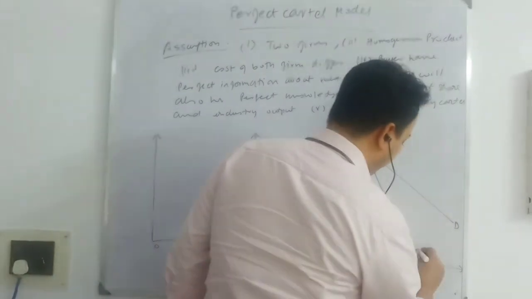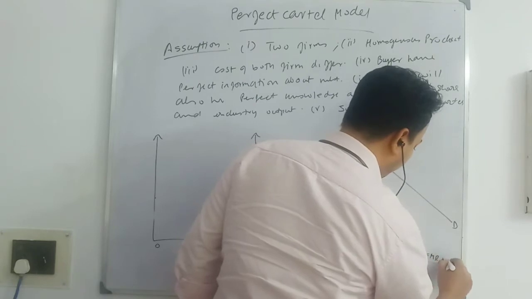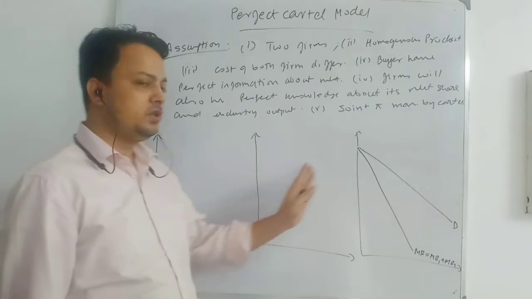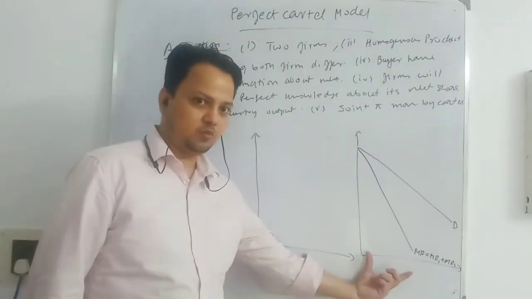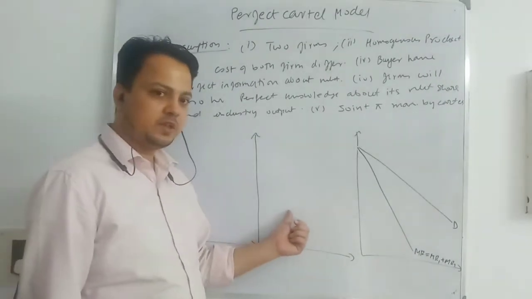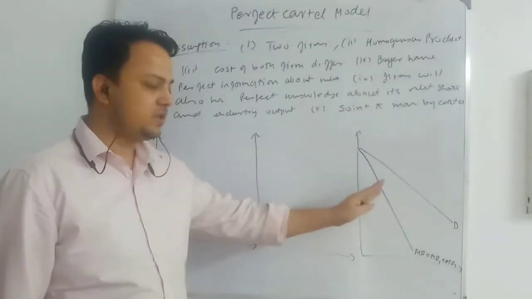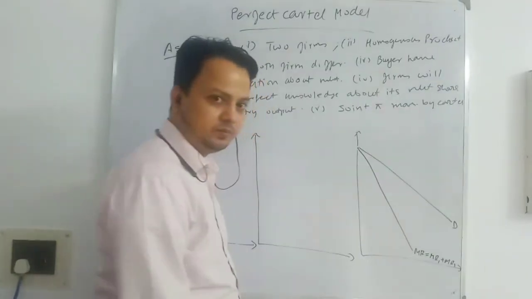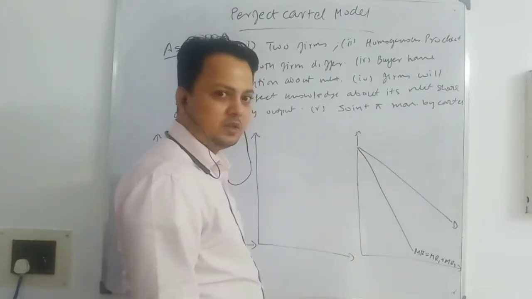This is the marginal revenue, which is a summation of marginal revenue of the first firm and marginal revenue of the second firm. Here we are doing the horizontal summation to arrive at the industry output level. So output produced by the first firm plus output produced by the second firm is the industry output. The marginal revenue that we are deriving is based on an estimate done by our cartel management board.